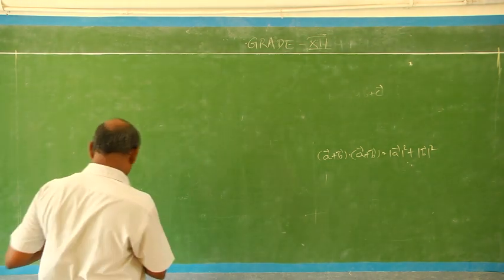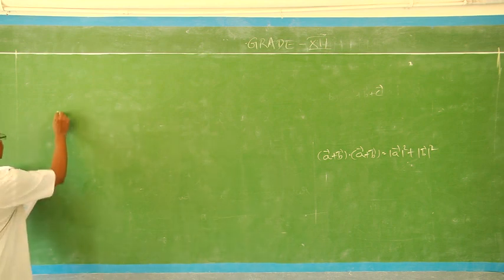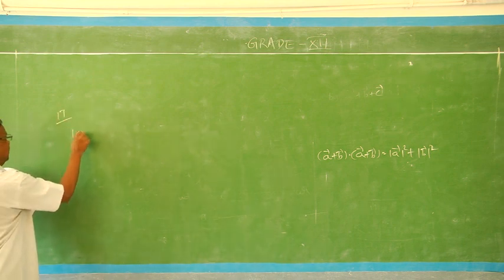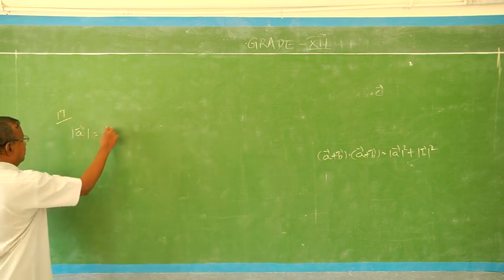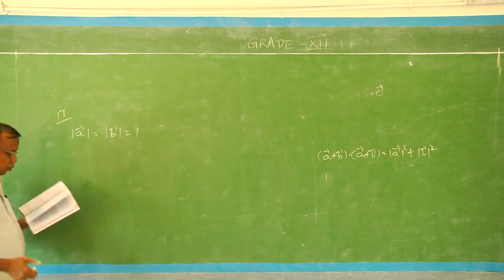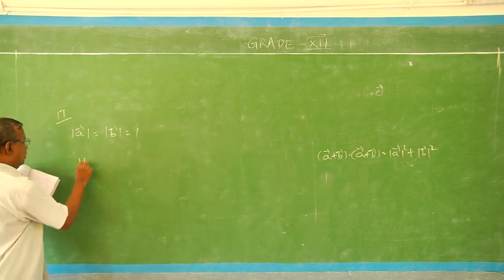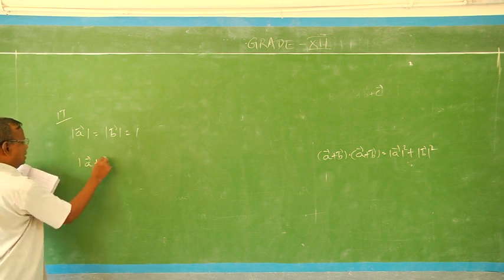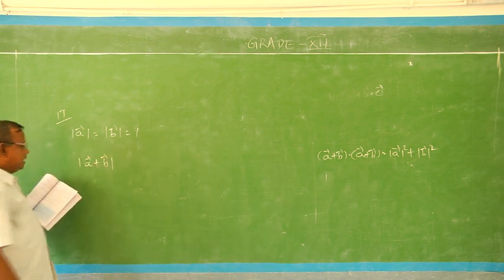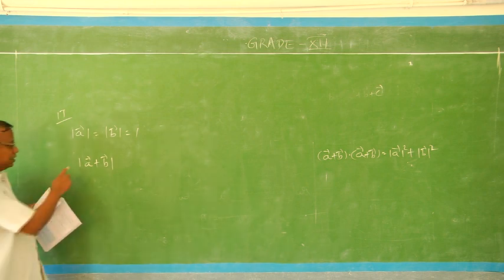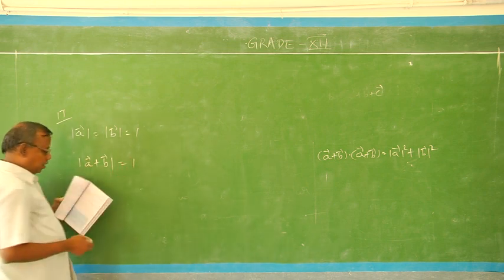Question number 17. It is given that modulus of A vector equal to modulus of B vector equal to 1 because both are unit vectors, and A vector plus B vector is a unit vector. That means modulus of A vector plus B vector equal to 1.